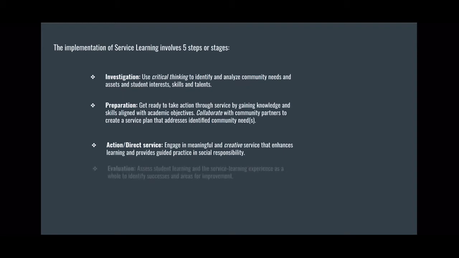The fourth stage is referred to as the evaluation stage, and this is where the student and class evaluate the service learning experience as a whole to identify successes and areas for improvement. The last stage, of course, is demonstration. Here, the student is tasked to showcase the insights and outcomes gained through the service learning experience. This is done through documentation of the learning process and subsequent presentation of what they went through.